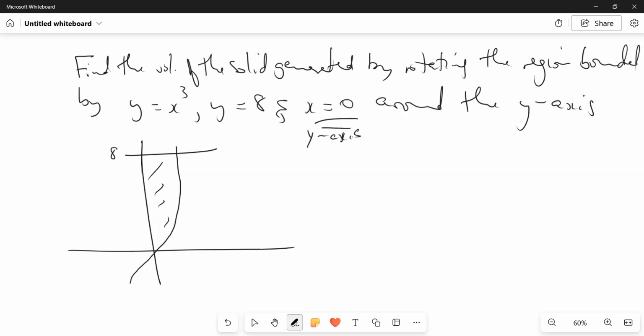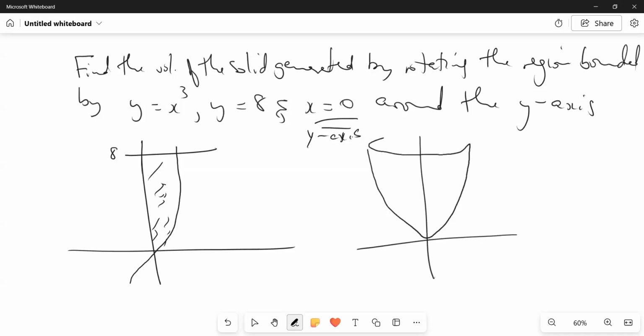You take this and rotate it around the y-axis. What will you get? You'll get something very much like the solid we just had. So you get this solid there, right? Good.